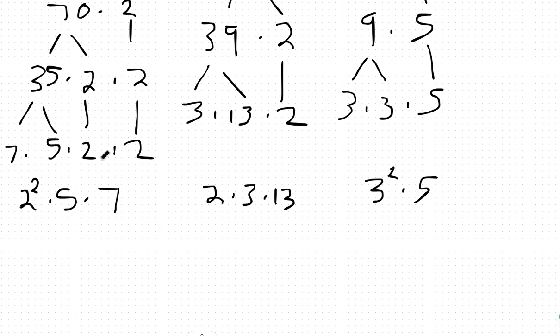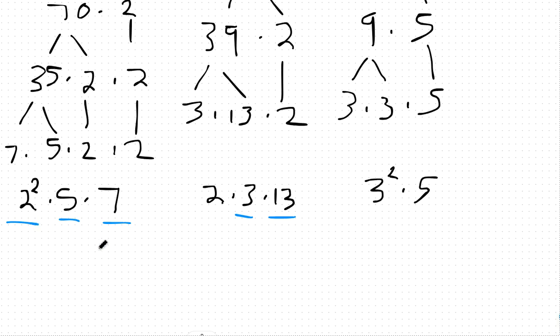Now let's identify our unique numbers here. We got 2, we got a 5, we got a 7. We've already counted the 2. 3 is unique. We already got the 5.